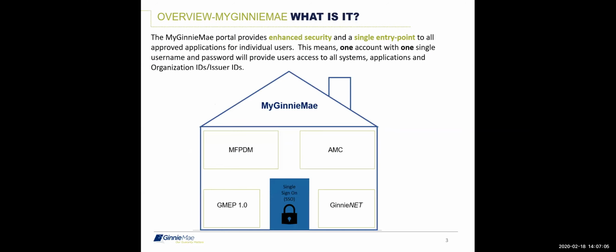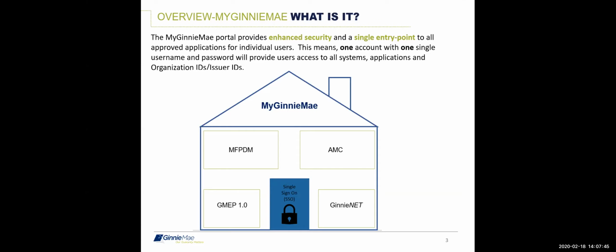So, what is MGNNIEMAE? MGNNIEMAE is a portal that provides enhanced security and a single entry point to all of our applications for each individual user. This means you have one account with one username and password, and that will provide you all of the access that you need to our systems, whether you are an administrator or an end user or both, no matter how many organization IDs you need access to, if you have multiple lines of business, maybe both single family and multifamily.